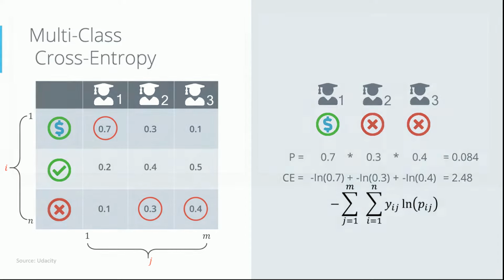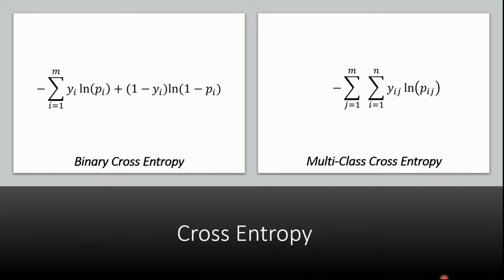So this is the binary cross-entropy and the multi-class cross-entropy. And when the n is 2, so when we have two classes to deal with, those two are actually the same. Now, let's look, however, at how they differ.